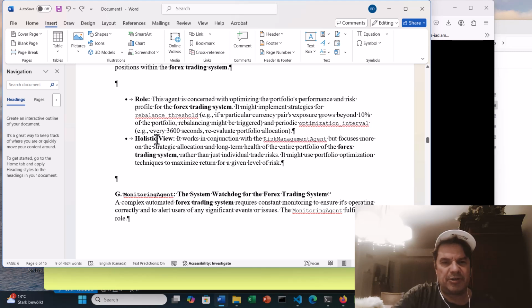There's a periodic optimization interval every 3,600 seconds to reevaluate the allocation. So even a professional portfolio manager, and that's human, won't do this. It's important. It will work in conjunction with the risk management agent, basically focusing on strategic allocation and long-term health of the entire portfolio, rather than just individual trade risk. That's pretty good.